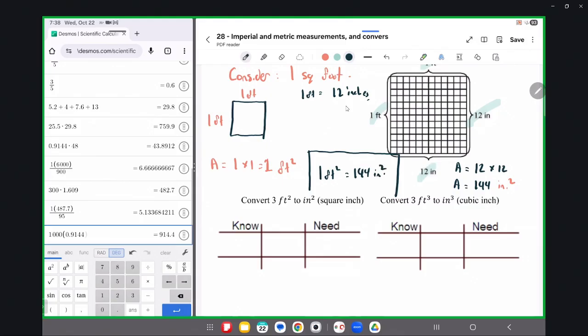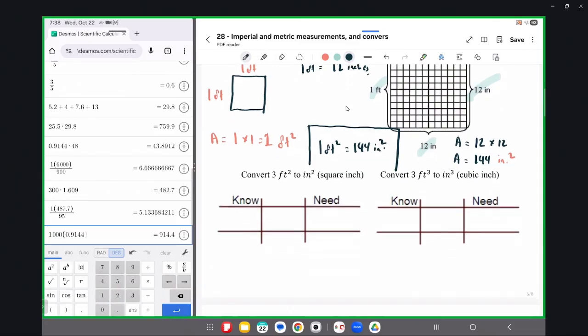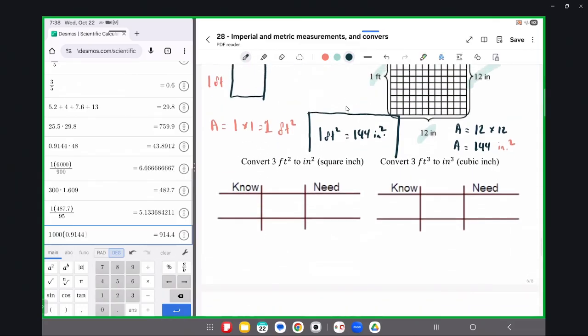And indeed, that is the case. So when it comes to converting areas, you can't just take the square feet and divide by 12 or multiply by 12. You actually have to do that twice.